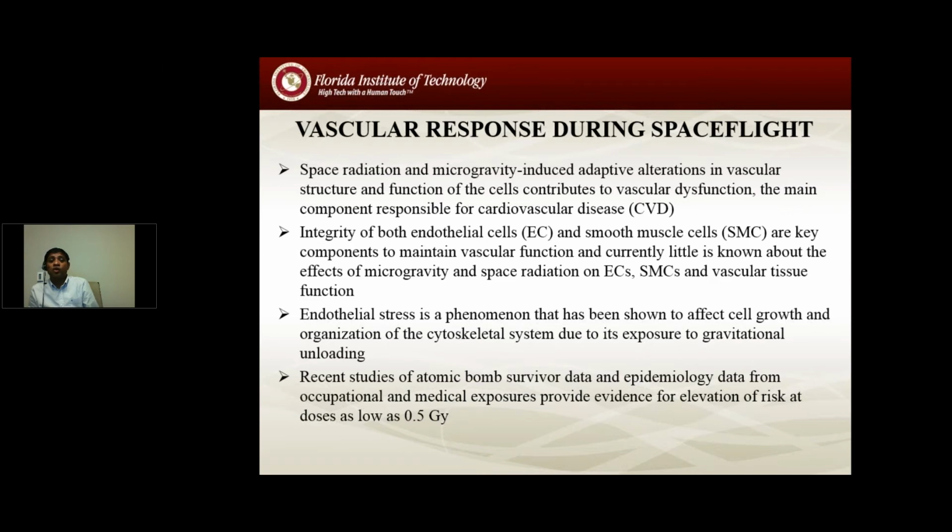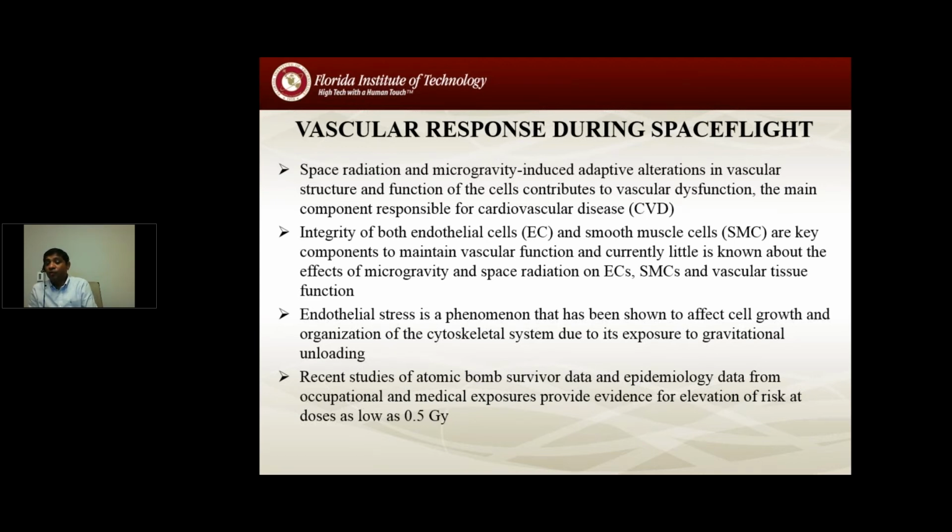So what is the challenge in space radiation? The functionality and integrity of the endothelial cells and the smooth muscle cells, which are key components to maintain vascular functions, are affected. And there is very little known about the effects of microgravity and space radiation on the endothelial cells and the smooth muscle cells, so we really want to analyze that effect.